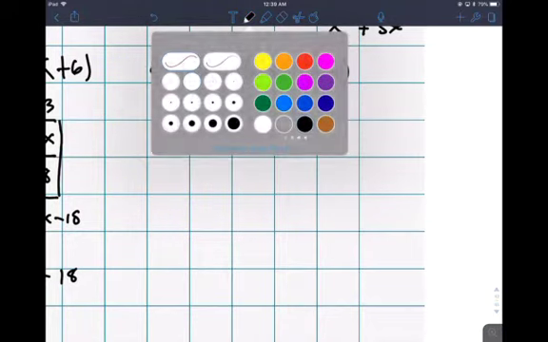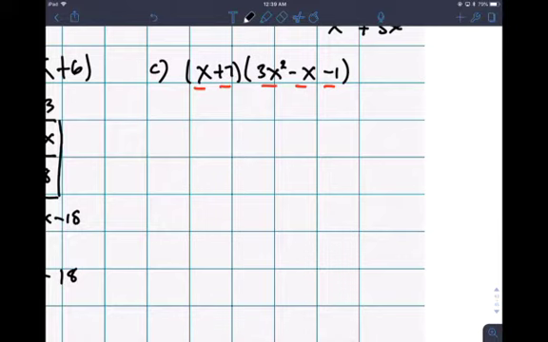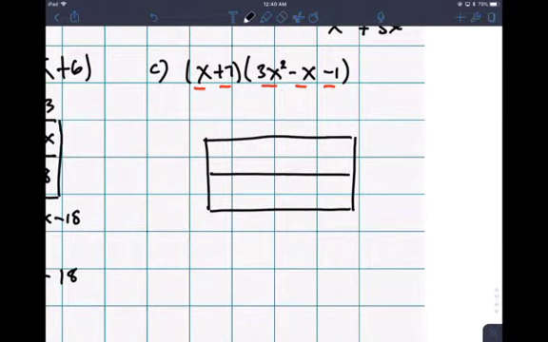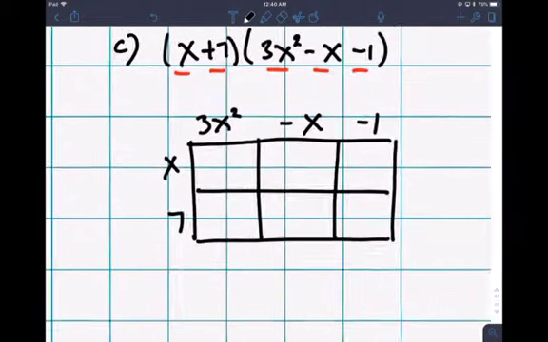So if I'm going to draw my area model, see if this makes sense to you. So notice that by doing this, you can probably tell what's going to go on top. It's going to be 3x squared minus x minus 1. And on the left side, it's going to be x plus 7. And again, just work your way in.